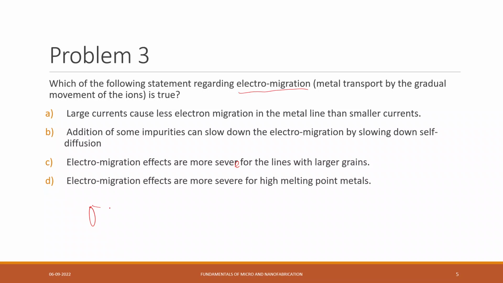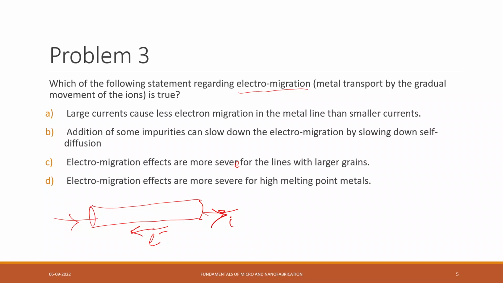In that diagram we saw that if we have a conductor here and current is moving like this, electrons will go opposite to the direction of current. More current means more electrons moving.